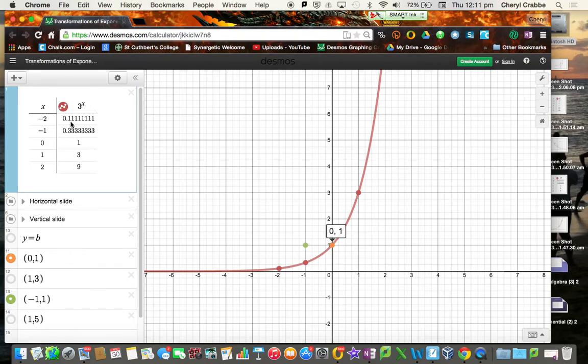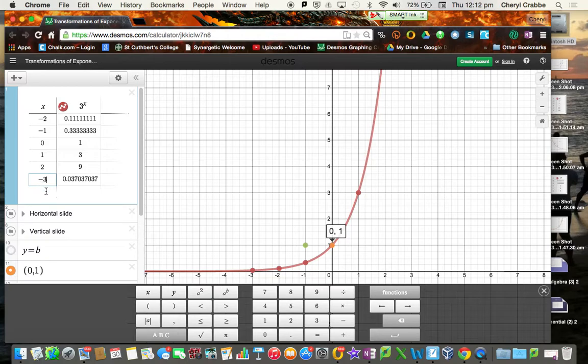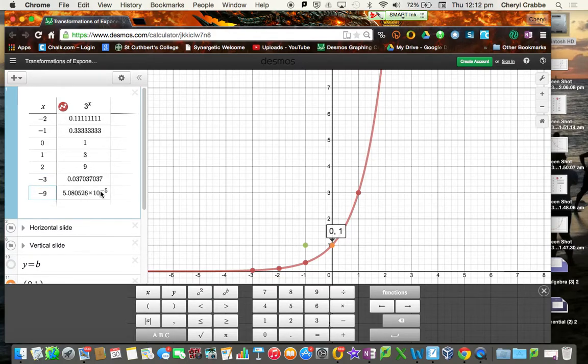Now you'll notice these small numbers. Negative 1 gets small, then negative 2. I could put in a negative 3, I could put in negative 9, and you'll see that the numbers get smaller and smaller and smaller.